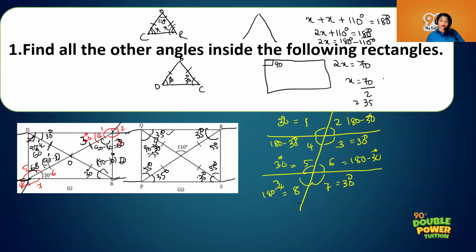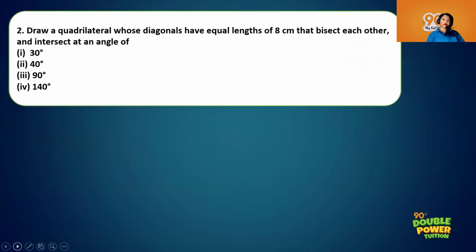Now this is the question. Draw a quadrilateral whose diagonals are equal in length, 8 cm. Diagonals are equal, and they bisect each other and intersect at an angle of dash. That's the question.